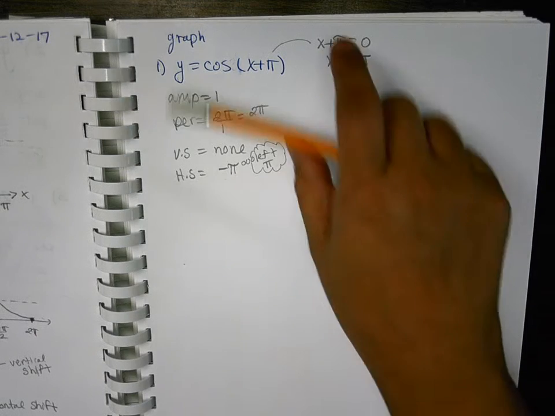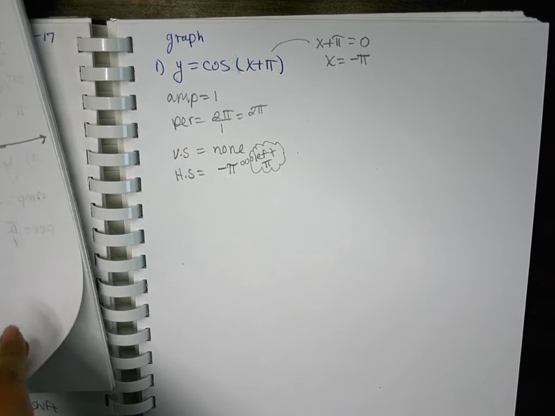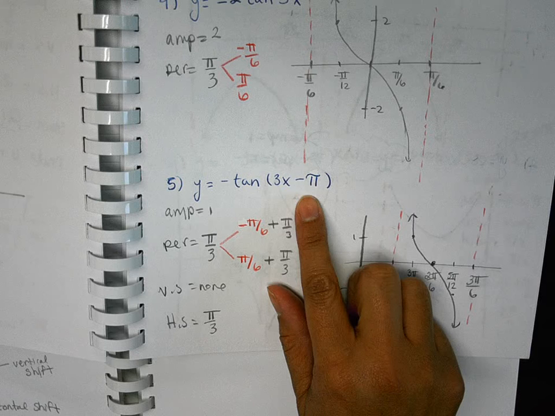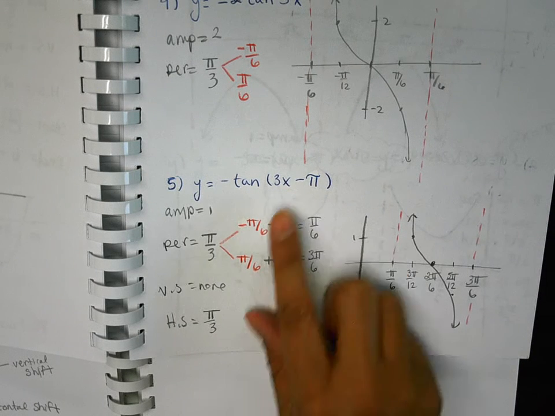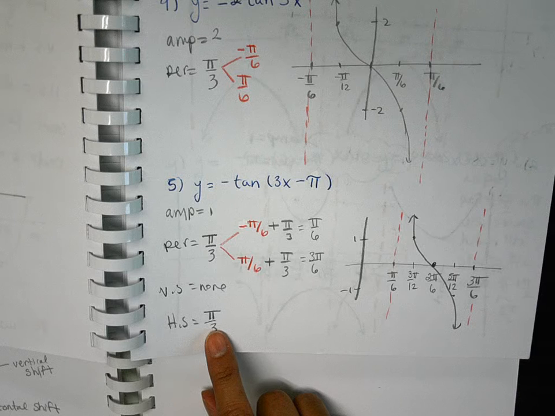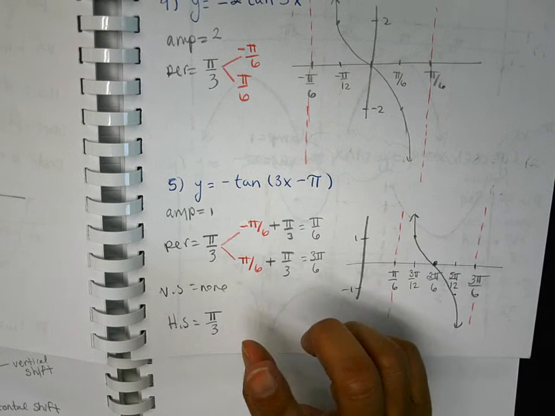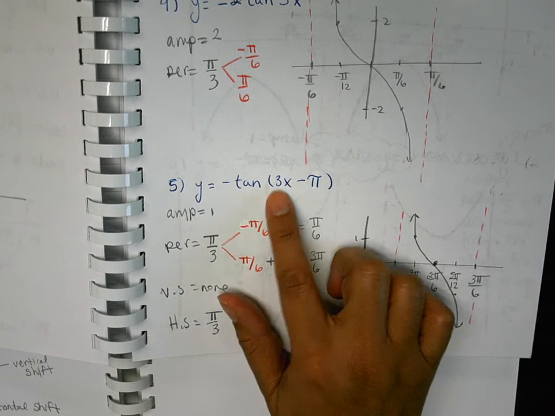No. The reason I do is because it's not always like this one right here. You can't just say right pi because of the 3. So you'd have to set it equal to 0 and get pi over 3. Do you see that? So that's the only reason why I don't just say opposite, because if there's coefficients, that does take part in your solving.